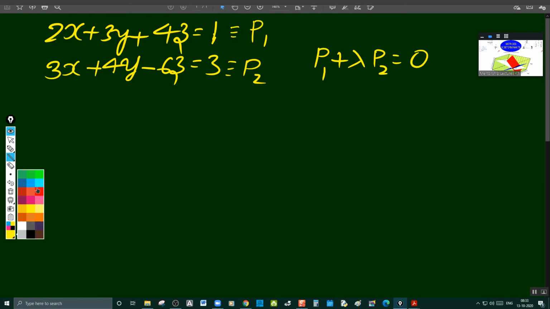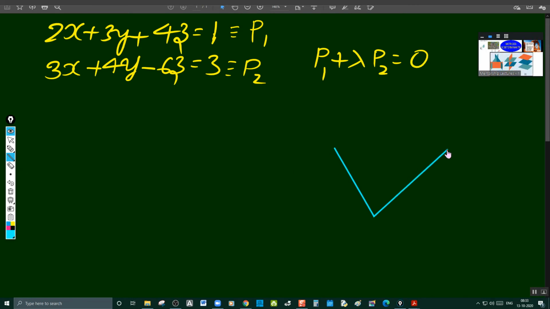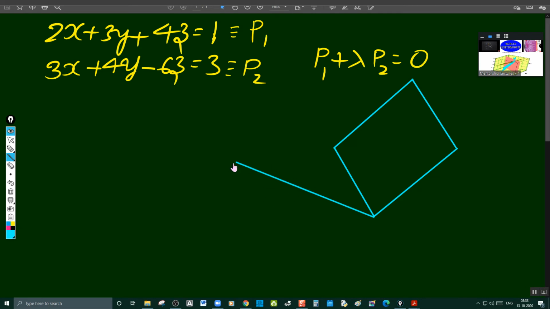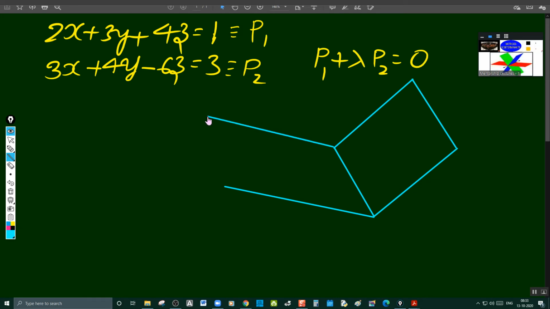Yes sir, the whole concept of 3D geometry comes into this. So, this is one plane, and this is the second plane. These two planes are intersecting in a line.